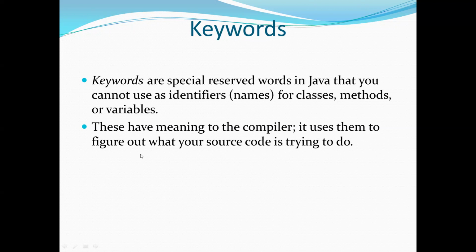For example, if you write for or if in your code, the compiler understands that if it finds for, it will start a looping construct. If it finds an if statement, a conditional statement is going on. So these keywords have a special meaning to the compiler. That's why we shouldn't use them as identifiers.